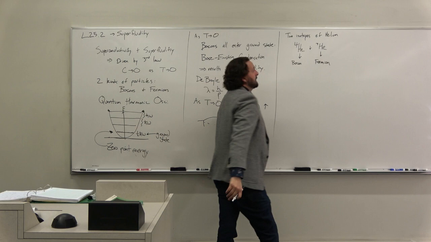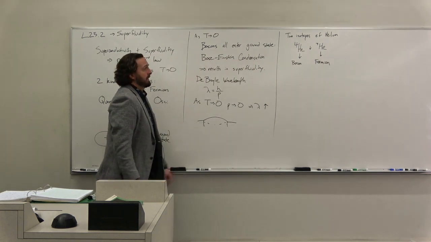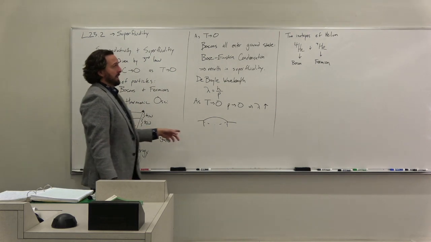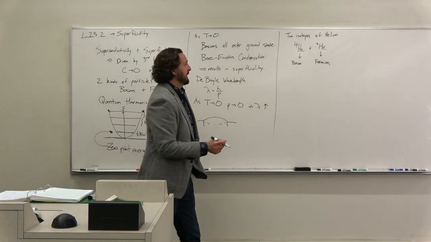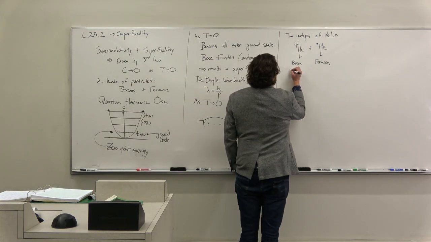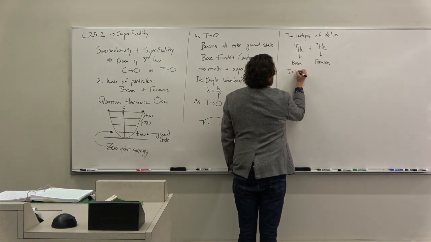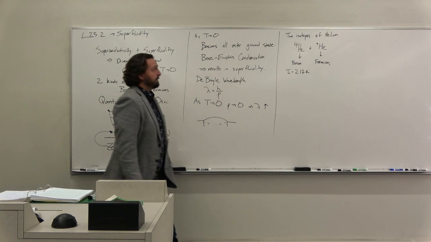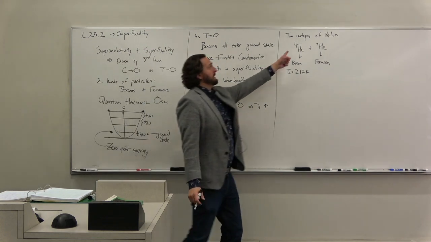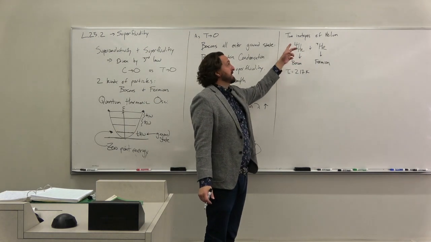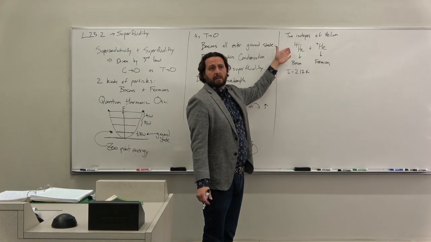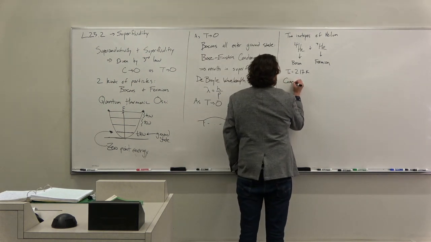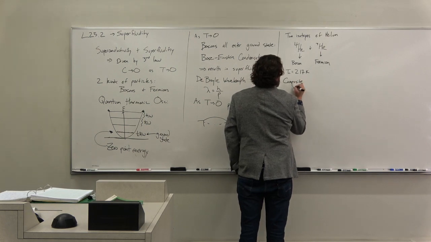Okay? So these bosons can all Bose-condense into this quantum ground state and can form a macroscopic wave function. And so the TC of helium-4 is 2.17 Kelvin. It's got 2 protons, 2 neutrons, 2 electrons. It's fully even, right? It's an even particle. And so this is something we call a composite boson.